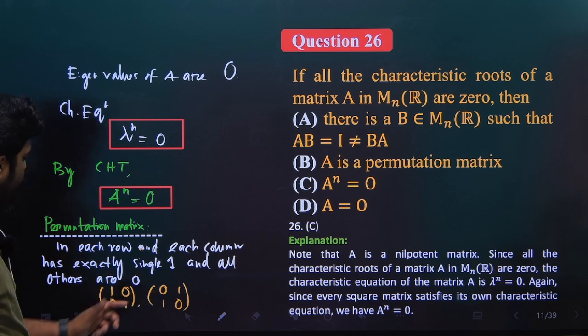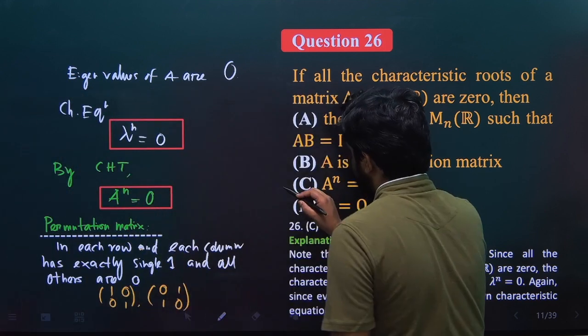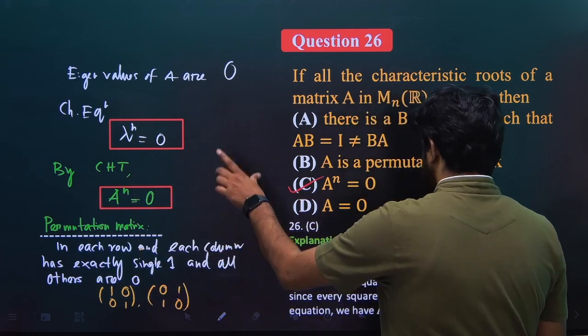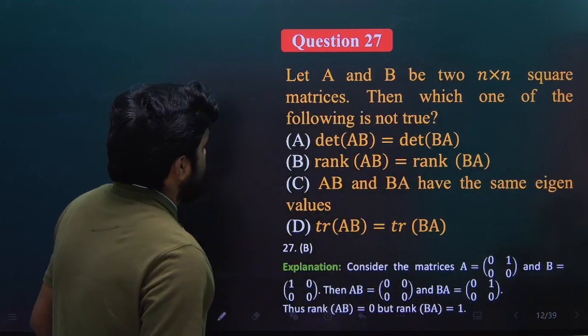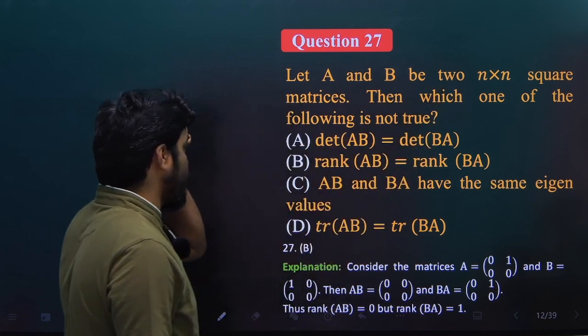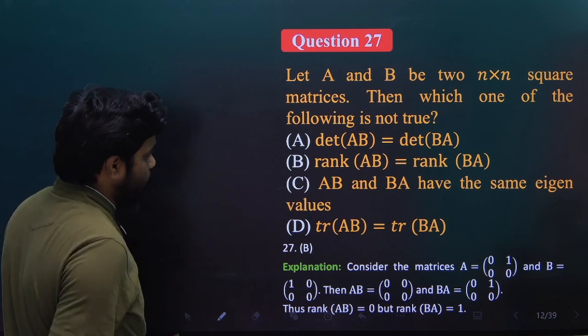So this is an example of a permutation matrix. So option C is the correct answer. Okay, so next, what is given? Let A and B be two n cross n square matrices, then which of the following is not true?